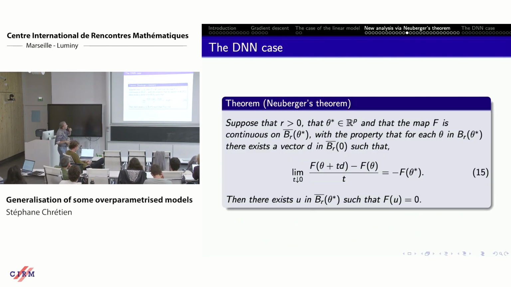So Neuberger's theorem is this: you consider that function, and you want a zero of that function. It goes from Rp to Rm, for example, and imagine that you have this property, which is 15. When you take the directional derivative in the direction d, you get a linear system, of course, when f is differentiable.